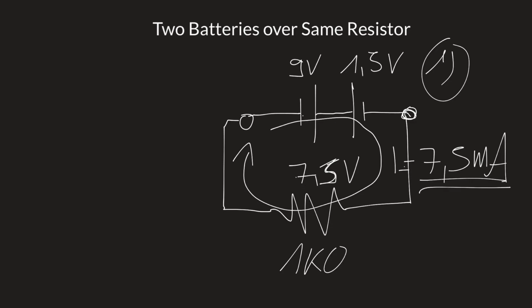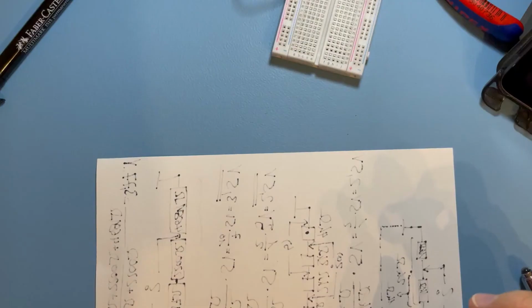And this would answer the question: although the technical direction of current is from plus to minus, it would be as if this battery would not be here and only subtract 1.5. This would be very interesting. And now let's do this practically on the breadboard.